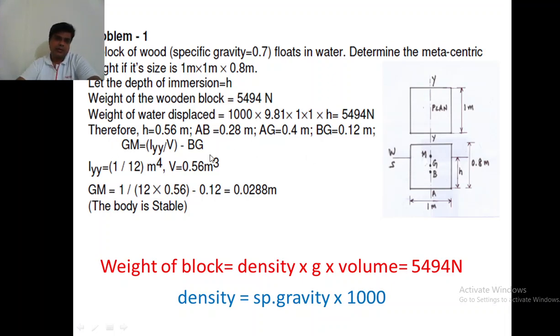This is the analytical formula you should remember. Using this we will calculate the GM value, the metacentric height. The moment of inertia about the y-axis: the top view is a rectangle, with this as the breadth and this as the height.